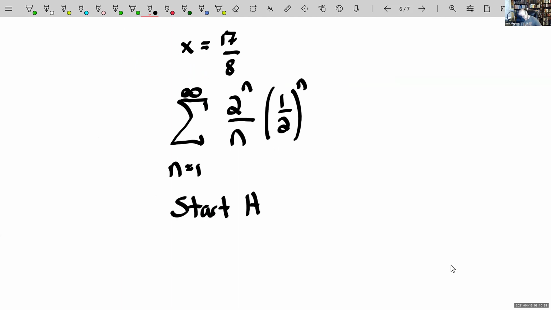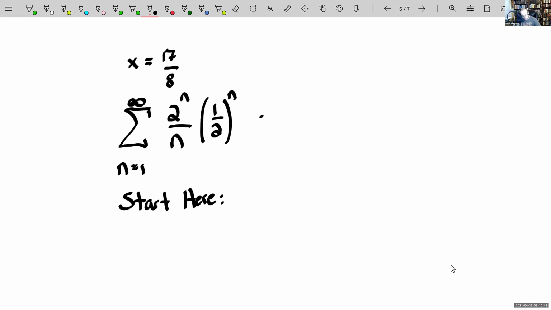All right, so let's go ahead and start here. Let's clean this up. It's the summation n equals 1 to infinity. I have 2 to the nth over 2 to the nth. That's what these 2 to the nths are. That's really what that is. So they cancel beautifully, and you get the summation of 1 over n.